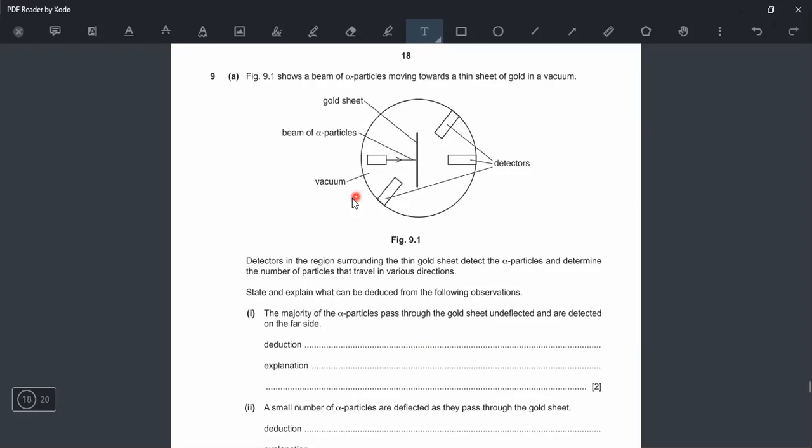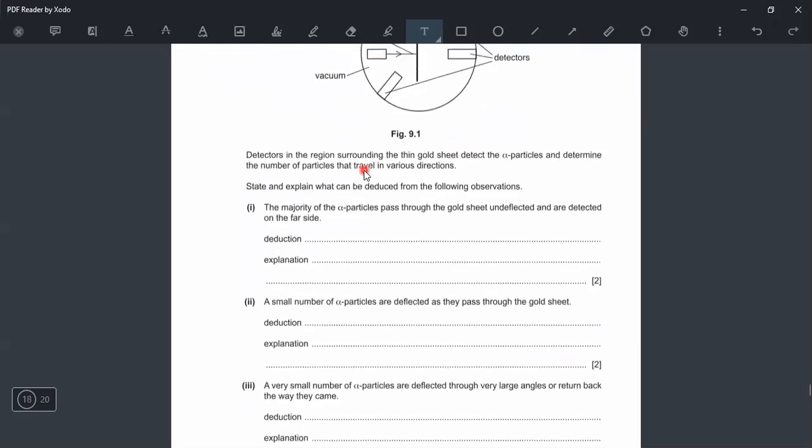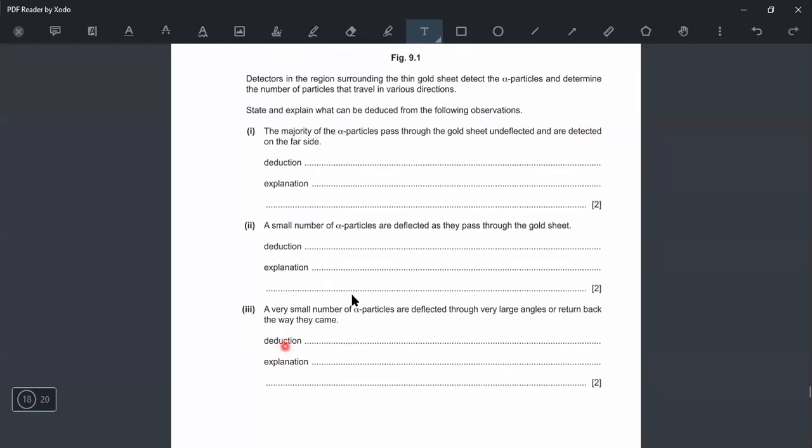And then an extremely small number get deflected backwards because these alpha particles hit the nucleus, but because the nucleus is very dense and it has a lot of mass, it doesn't move. The alpha particles move. So that's basically the answer to this question, but let's go ahead and read it first.